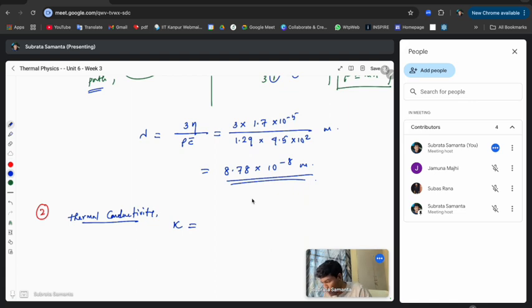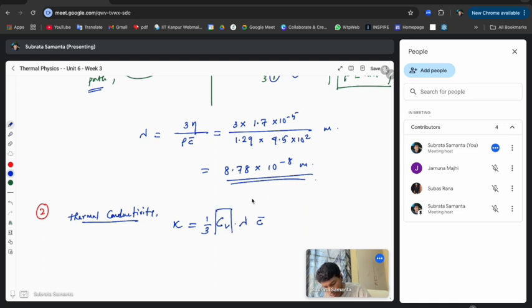This is basically 1/3 Cv times lambda, the mean free path, times c average, the average velocity. Now what is Cv?